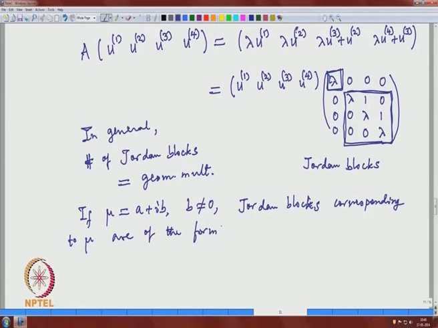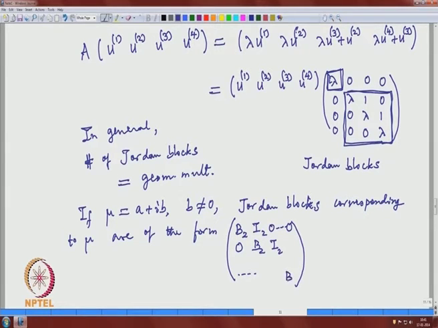So, remember they always appear in pairs. So, here also we get 2 by 2 blocks. Okay. So, let me write just B 2, I 2, 0, B 2, I 2, etc.